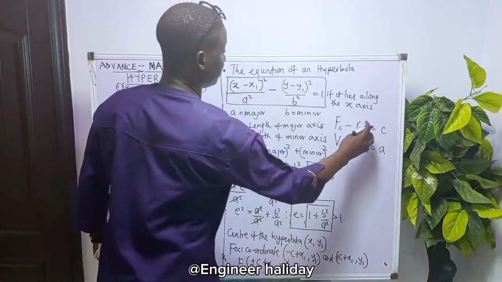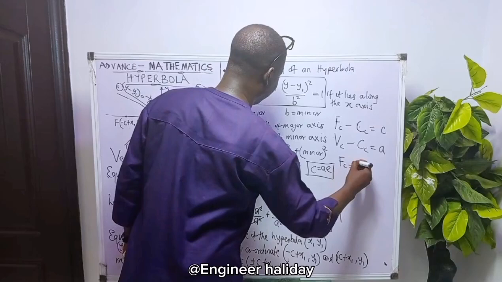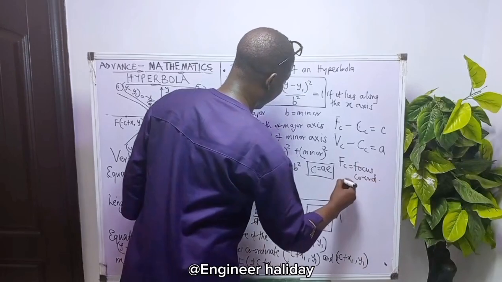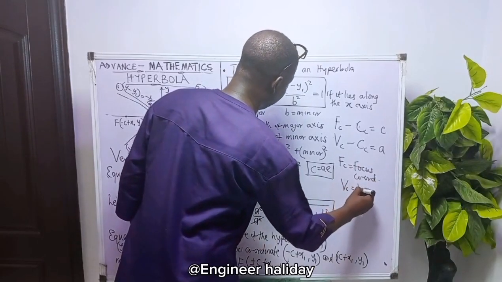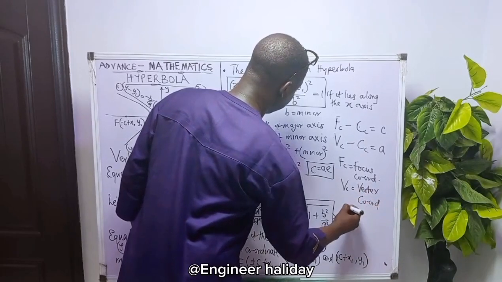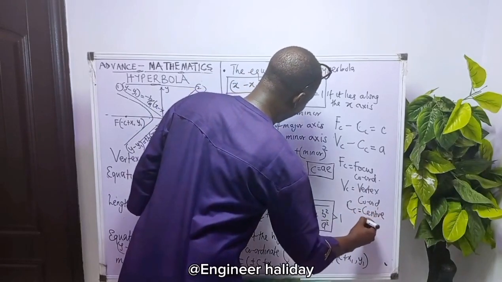Don't forget that, where FC is what we call the focus coordinate, VC is the vertex coordinate, and CC is what we call the center coordinate.